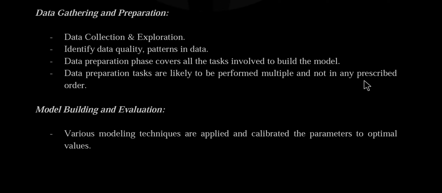And it may not be in any prescribed order, because we may implement different techniques to make the quality of data better. So simply, data gathering means collection of data, and data preparation means using techniques to make the quality of data good or better.